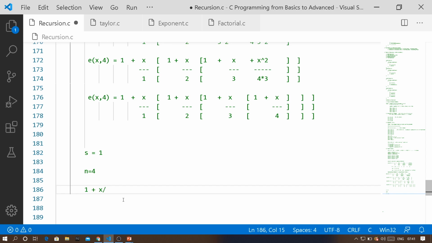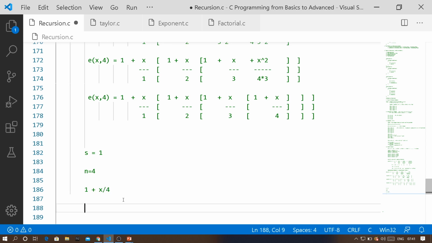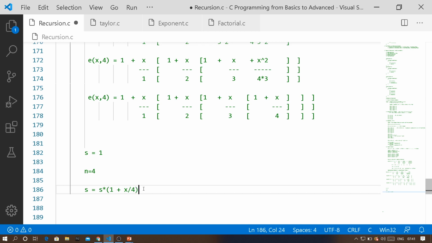Then I can multiply the resultant value with the existing s value. So s is equal to s multiplied by 1 plus x divided by 4. Now the new s value is different: the new s value is 1 plus x divided by 4.